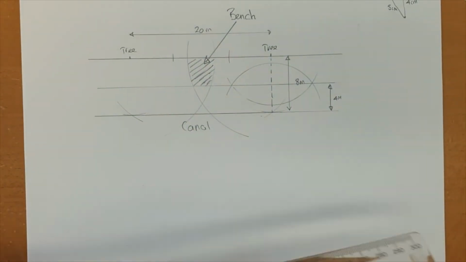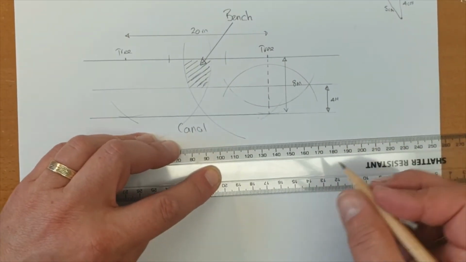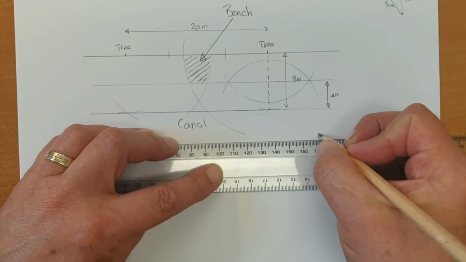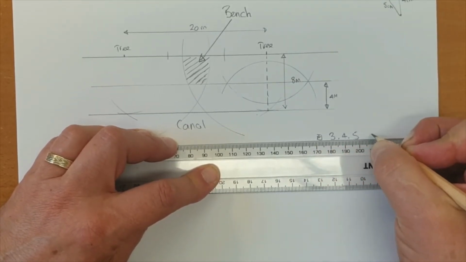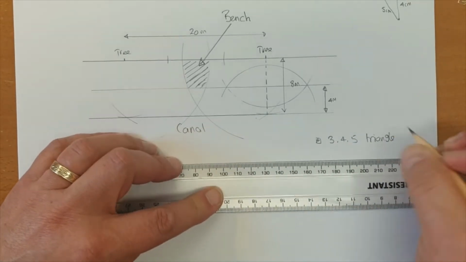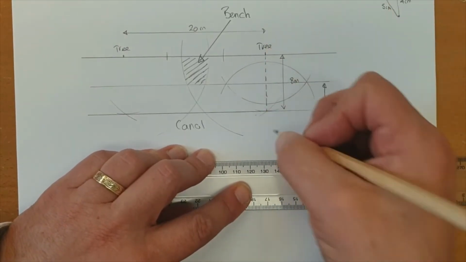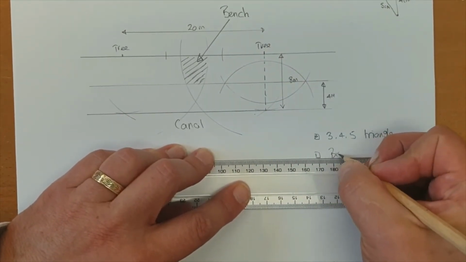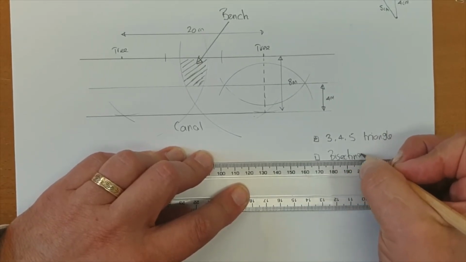So let's just look at all the skills we've used in doing this particular diagram. We've used the idea of a 3-4-5 triangle and constructing a 3-4-5 triangle. So I've constructed a triangle during this. What else have I done? I have bisected a line.